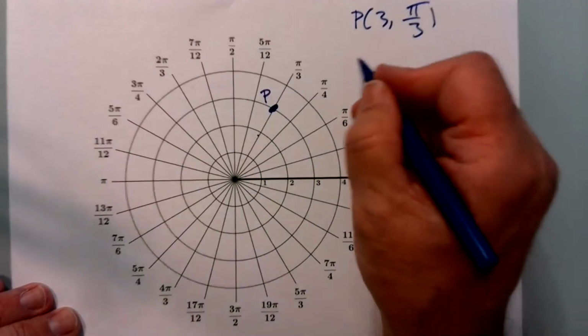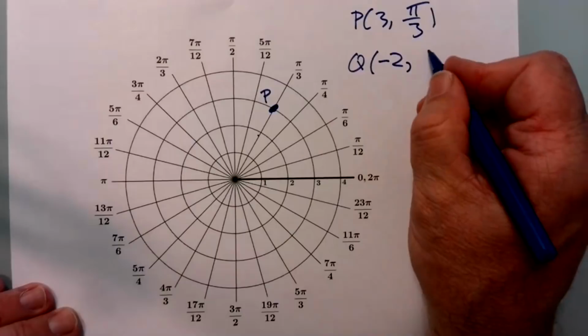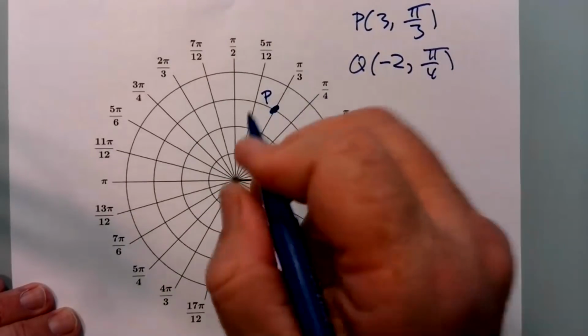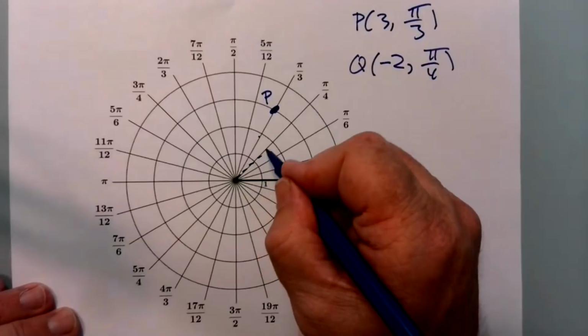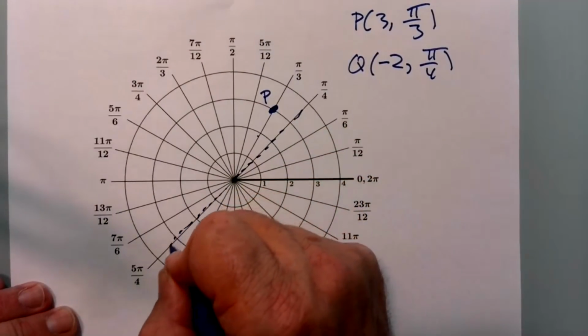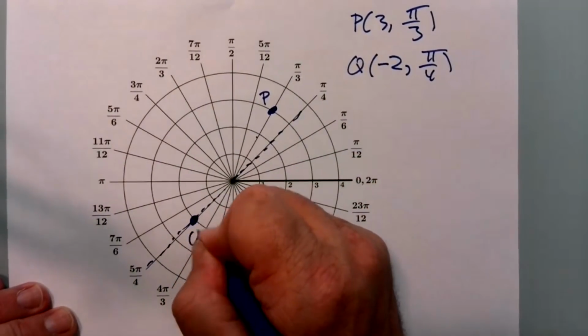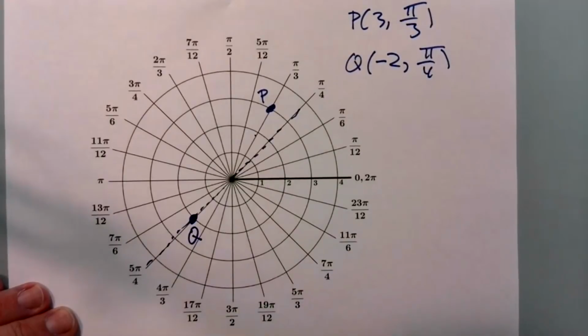There's the point P. If I want to say Q is (negative 2, pi over 4), well, I go to pi over 4, which is here, of course. That's the positive version of pi over 4. Here's the negative version of pi over 4, going backwards. So negative 2, 1, 2 would put me there. So that would be Q.